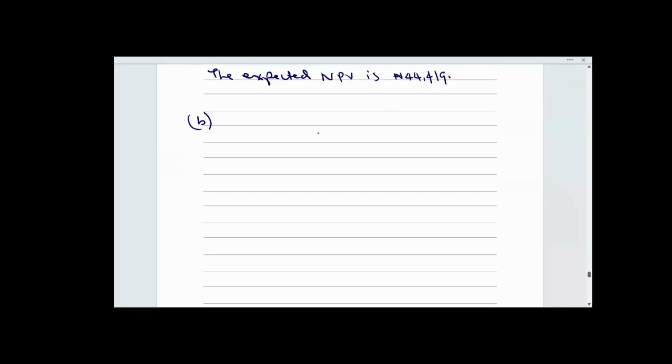Number B, we are to calculate the probability that the NPV will be negative.